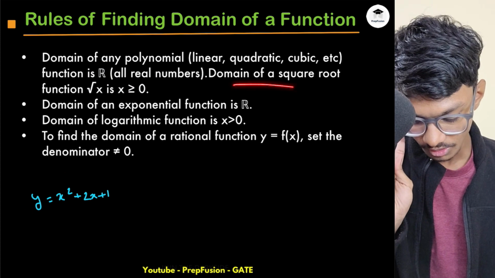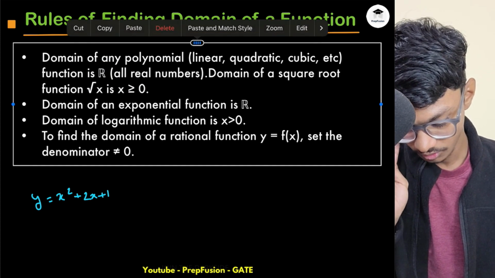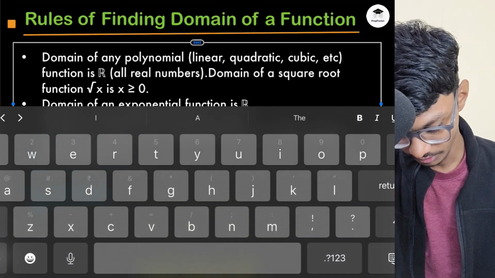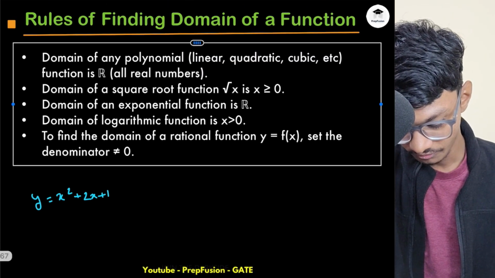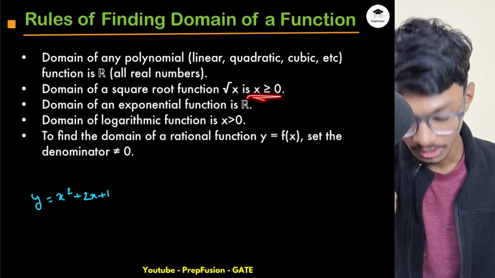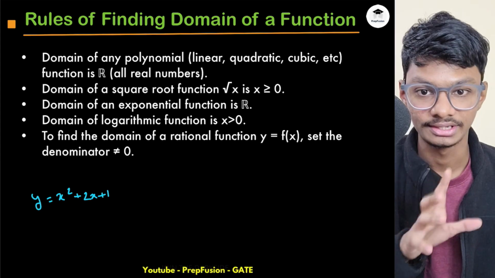Now, what is the domain of a square root? Domain of a square root function will always require that x has to be greater than 0, because I want my y to be real as well, right?